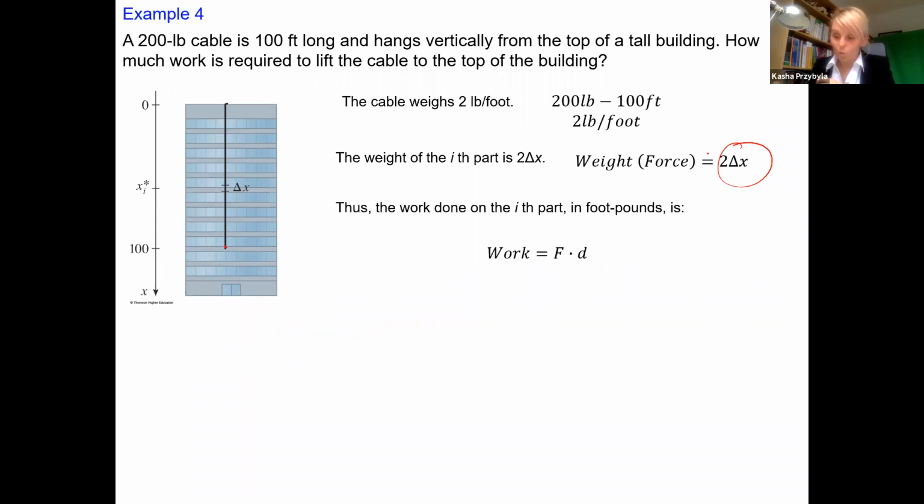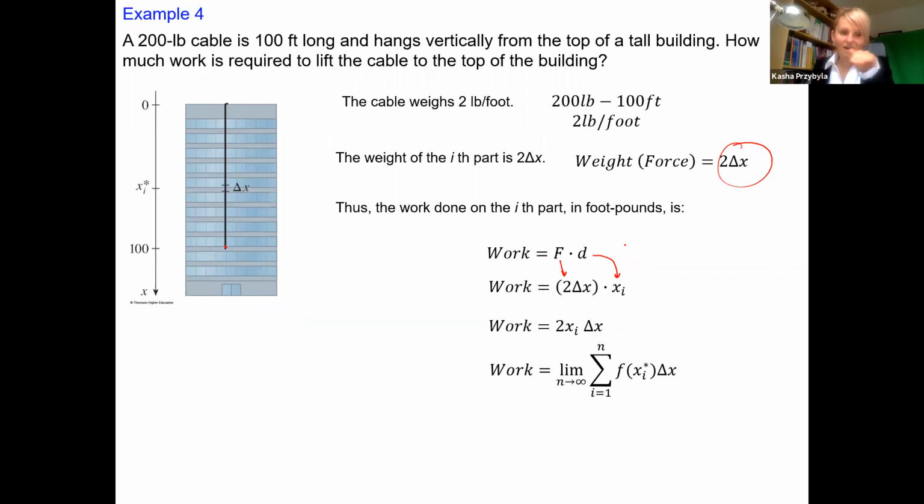And then the work, of course, is force times the distance. That's the force, 2 pounds per distance, and this is the entire distance. Then I'm adding everything.